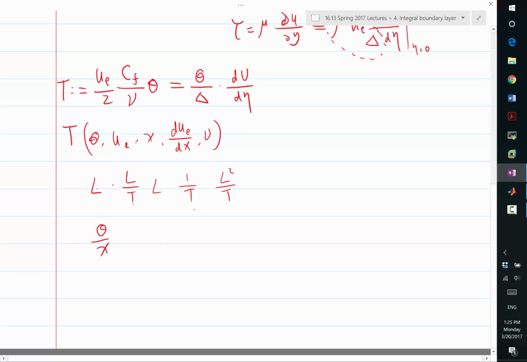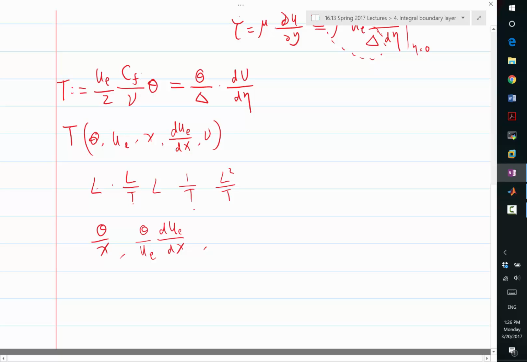So what you can do is take dUE/dx and divide by UE, so that we get a 1 over length scale, and you multiply, for example, by theta. So that's another non-dimensional parameter. The last non-dimensional parameter is something that involves nu.